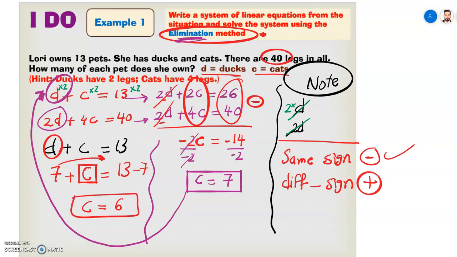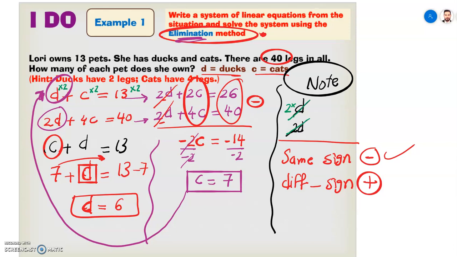So I got the value of D. This is D, guys, I'm sorry. This is D. Because here in this equation, it's written like C plus D equal 13.